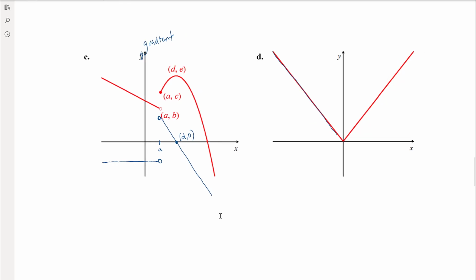So in terms of drawing my gradient function, I'm going to have a constant negative value when x is less than 0. Again, we've got a sharp corner here, so my gradient graph won't exist at 0. And then I've got the same but positive gradient. So I want to make sure the distance either side of the axis is about the same.